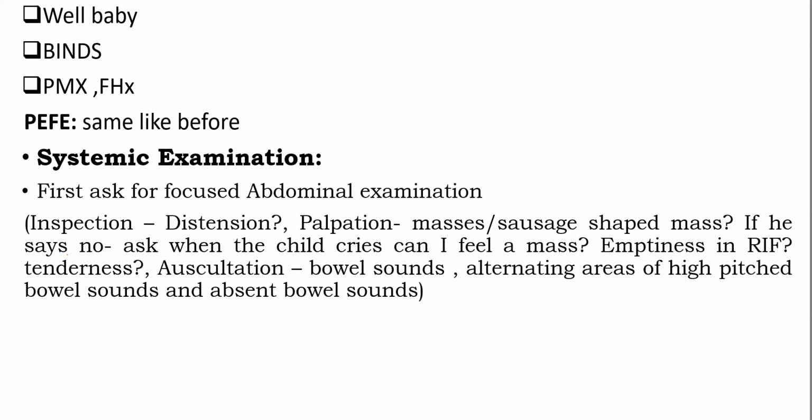Physical examination is also the same, but the findings that you can get here: sometimes there can be tummy distension or abdominal distension, because intussusception is basically an intestinal obstruction. You can also feel a sausage-shaped mass. You can get emptiness in the right iliac fossa, and sometimes on the bowel sounds, you can get an alternating high-pitched bowel sound with absent bowel sound.